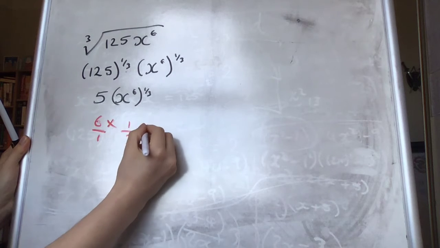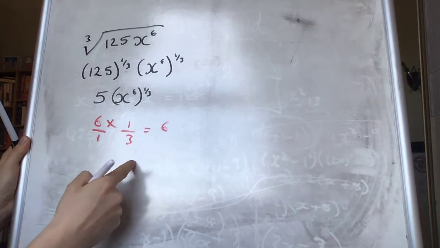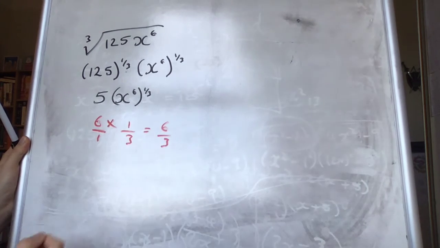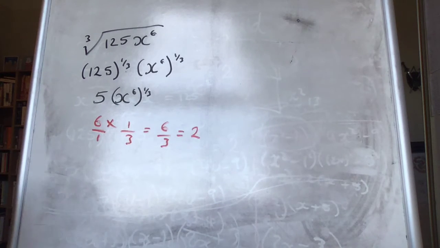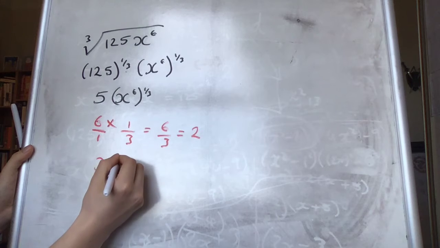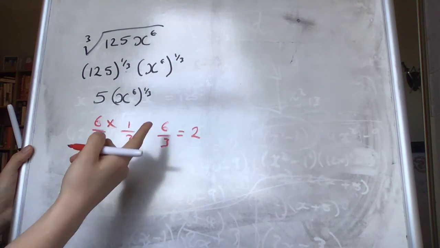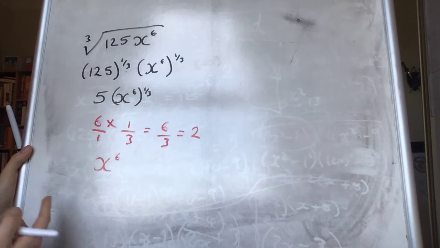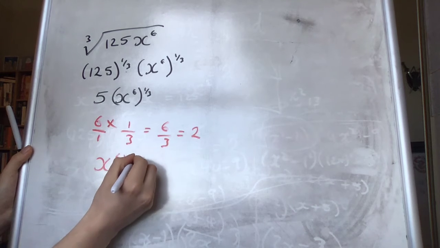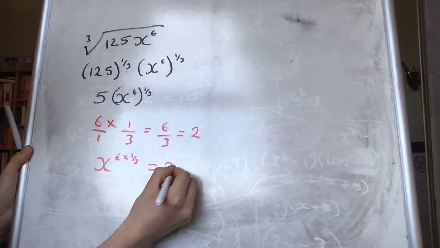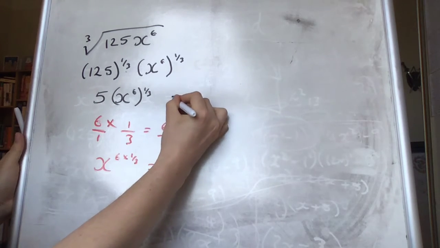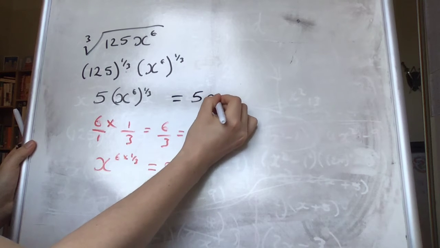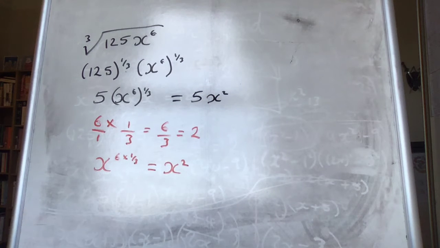So it's going to be 6 times 1 equals 6, 1 times 3 equals 3, 6 divided by 3 equals 2. So x to the power of 6 to the power of 1/3 is the same as saying x to the power of 6 times 1/3, which must equal x squared. So we can therefore rewrite this expression as 5x squared, giving us our answer.